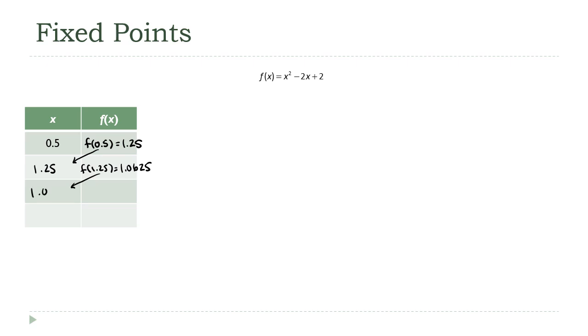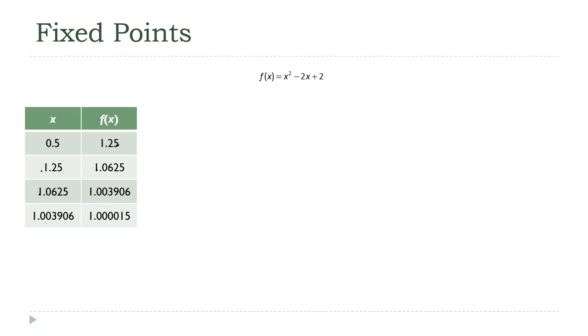I'm going to make that the x value, and if we put that into the function, we get 1.003906. And if we do it one more time, we get 1.000015. Notice the pattern here. As the process went on, the sequence of values seems to be approaching that fixed point that we identified on the last slide at x equals 1.